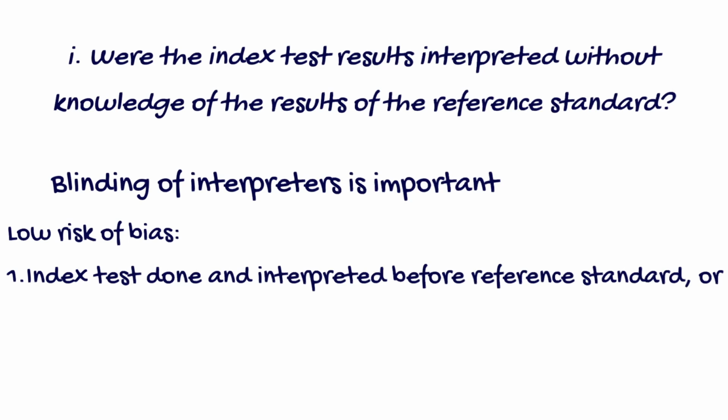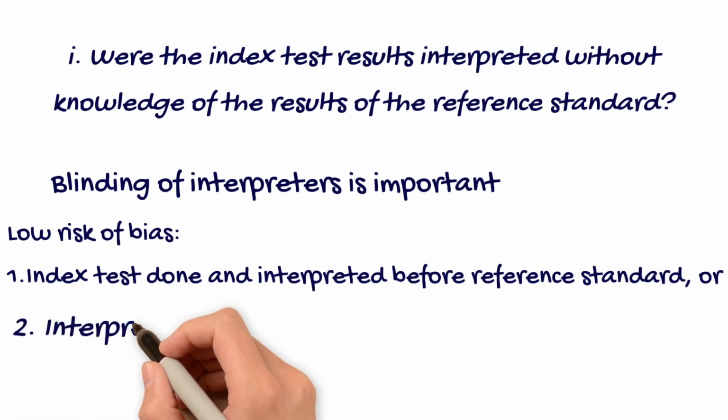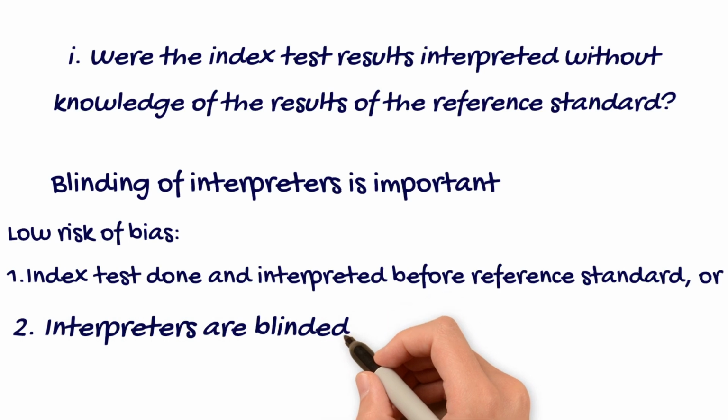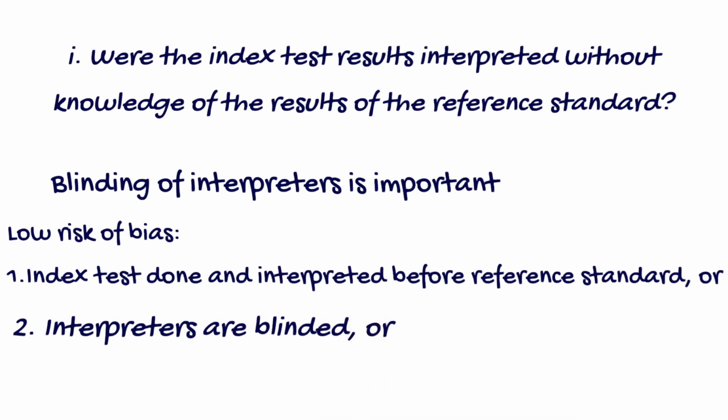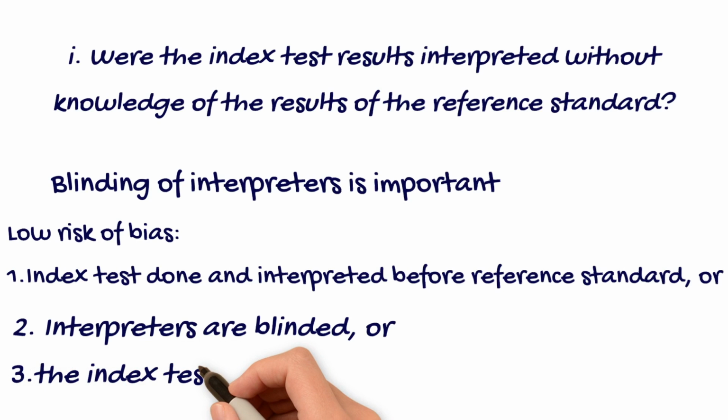Alternatively, if the test is done and interpreted after the reference standard, it can still be answered yes if the person doing the test doesn't know the reference standard results, which means they are blinded, or if the test is an objective one that doesn't rely on personal judgment.